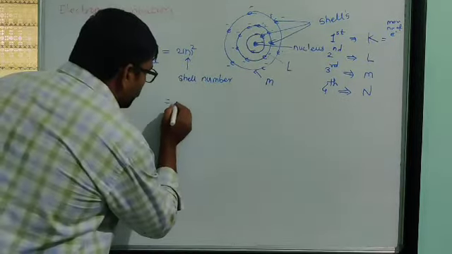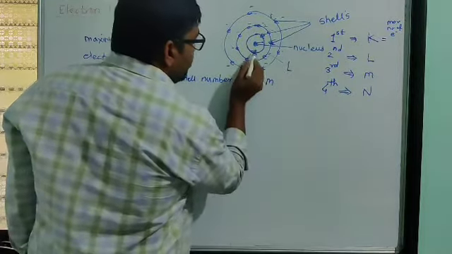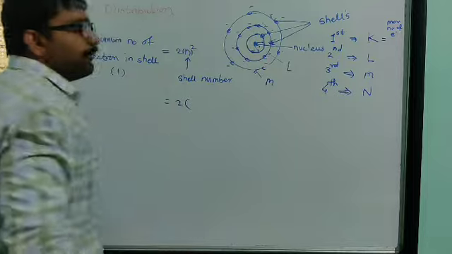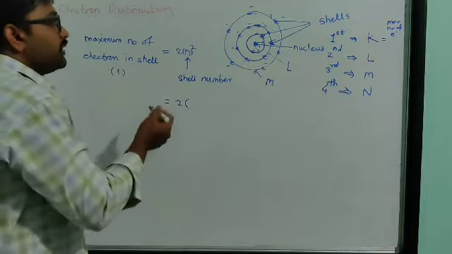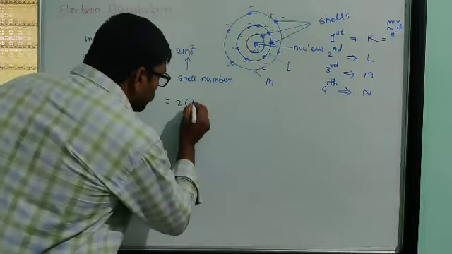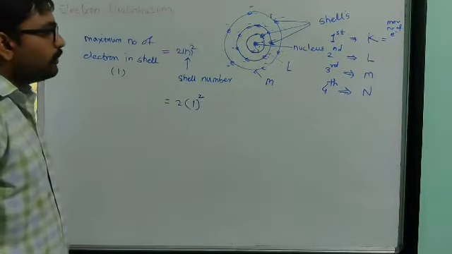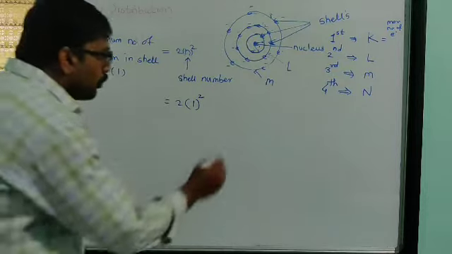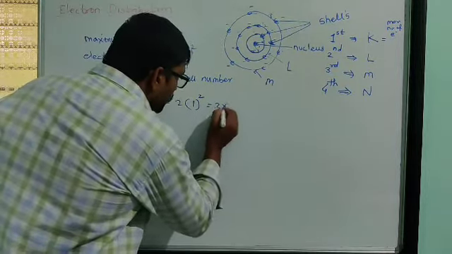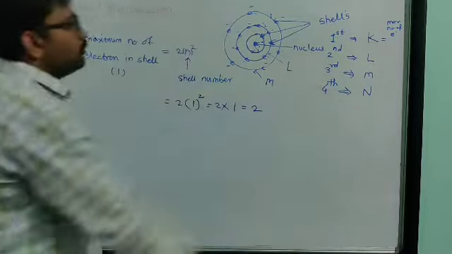The first shell is the K shell, which is first from the nucleus. So the shell number of the K shell is 1. Instead of n we place 1, so it is 2 into 1 square, which is 2.